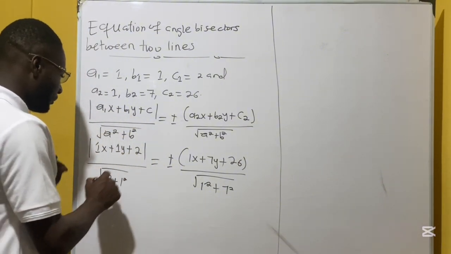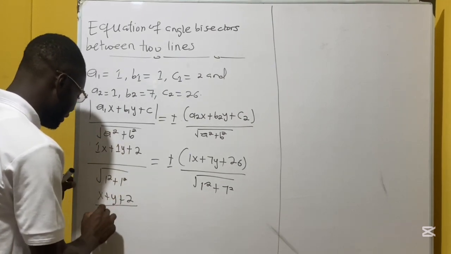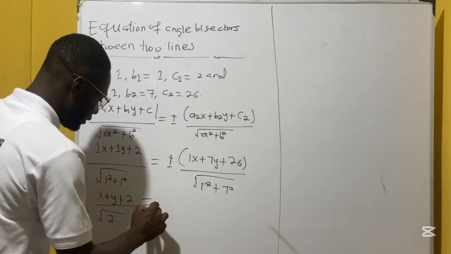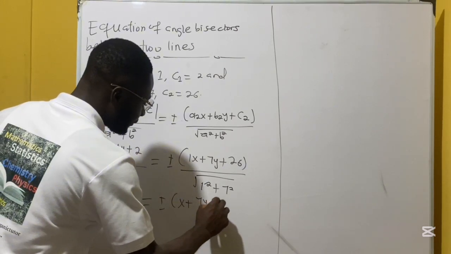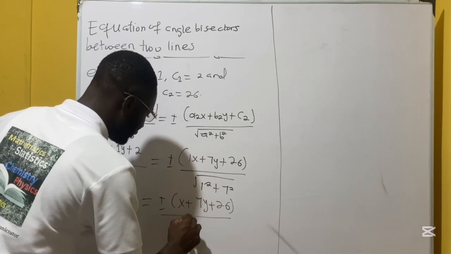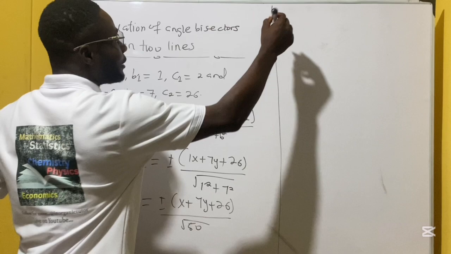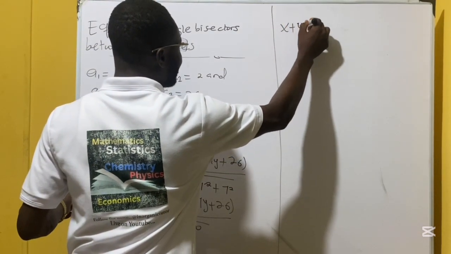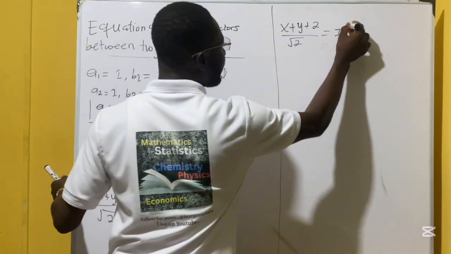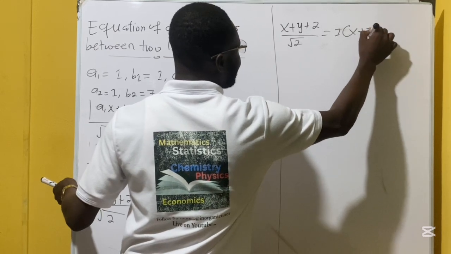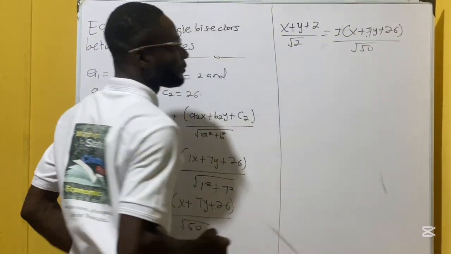So we're going to have x plus y plus 2 over the square root of 2 equals plus or minus x plus 7y plus 26 all over the square root of 50, right?